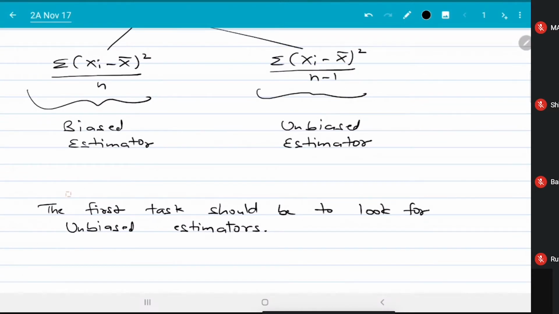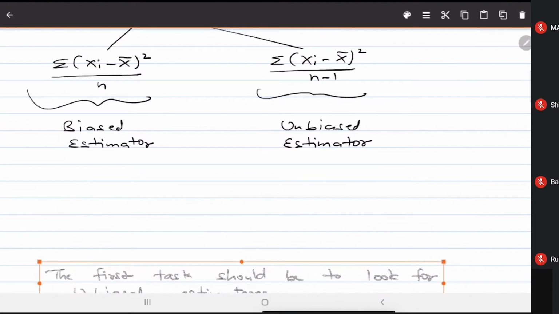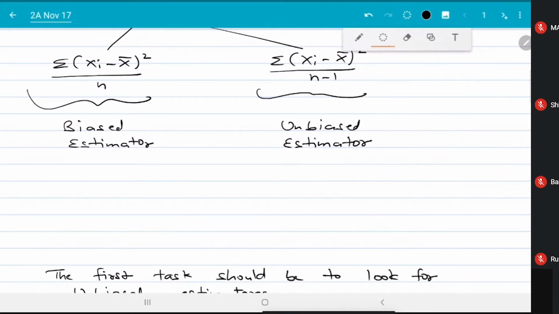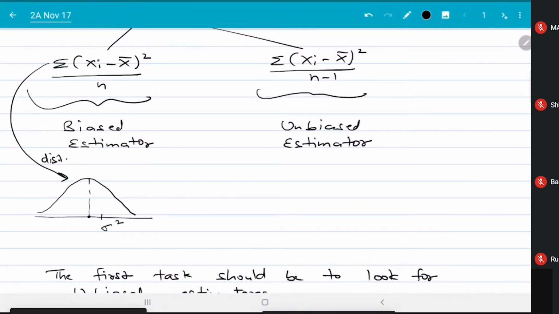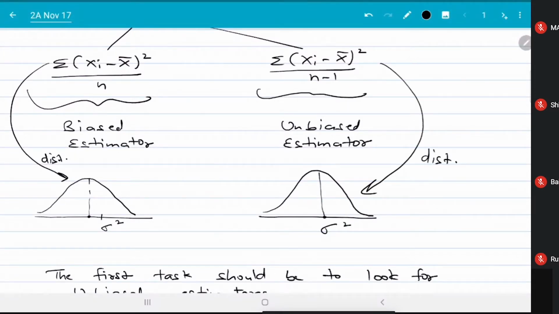So, if this is theta or sigma square, the distribution should look like this, and I've approximated this with a normal distribution, which would be the case when we can take a very large number of samples.